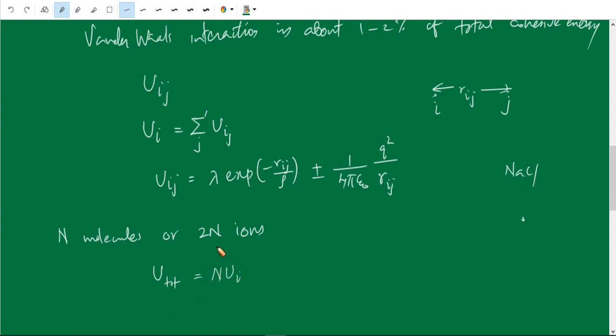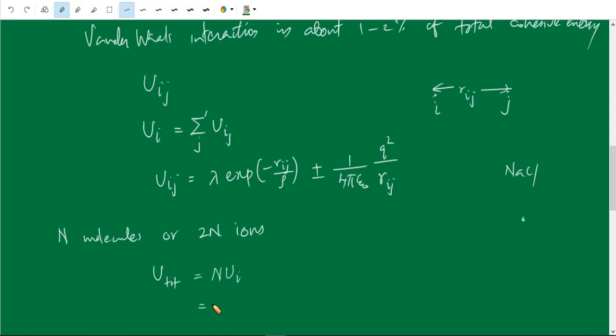Here there are 2n ions, but we use n because we have to count each pair of interaction only once. Ui is the interaction of one ion, and we take n independent ions, so the total energy is n times Ui.